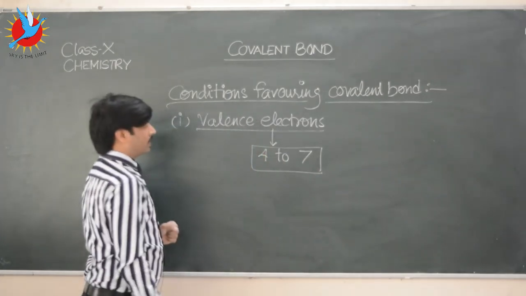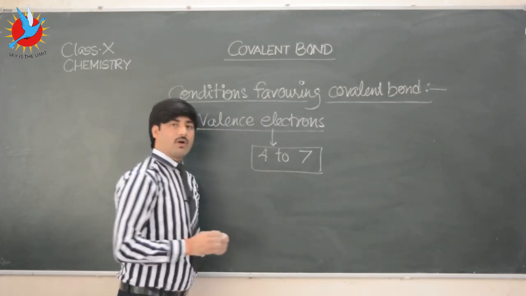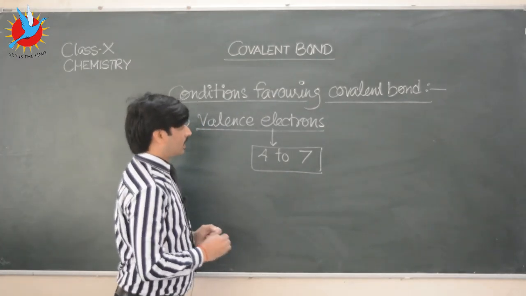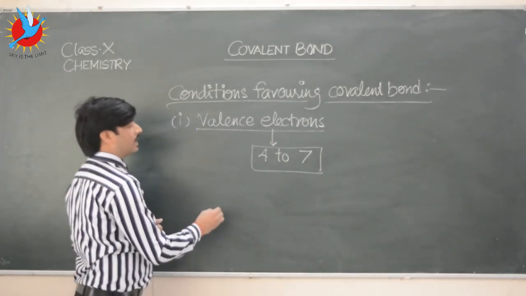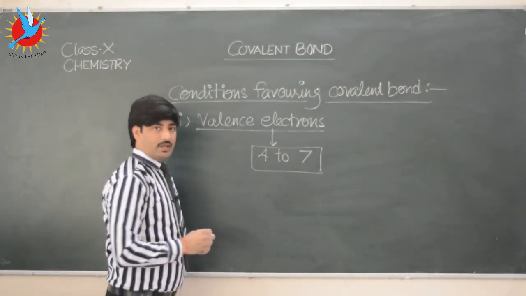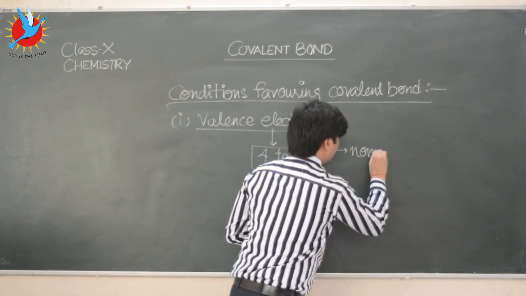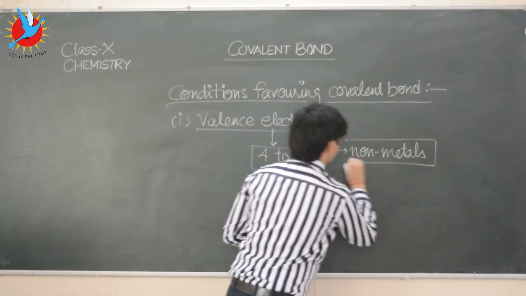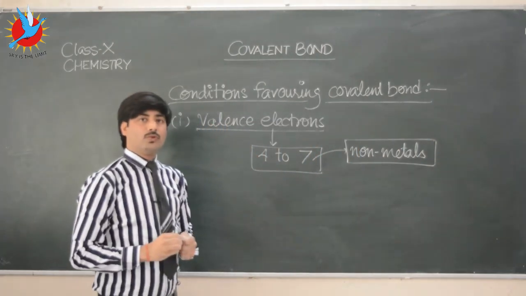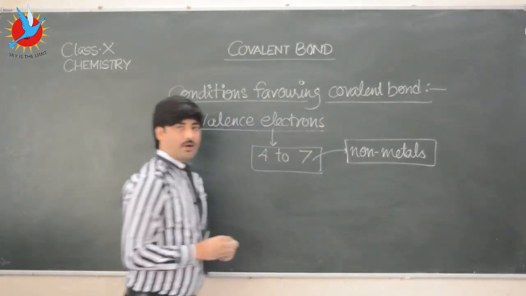So if an atom has 4, 5, 6 or 7 electrons in its outermost cell, then preferably it will form covalent bond. And this condition will be fulfilled mainly by non-metals. That's why between 2 non-metals most of the time we will see covalent bond.